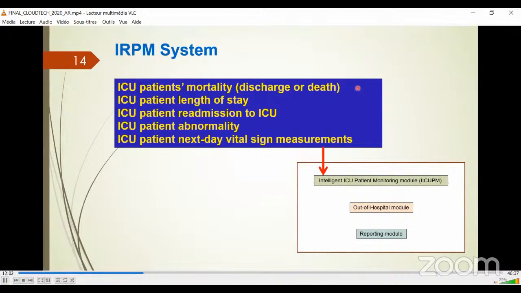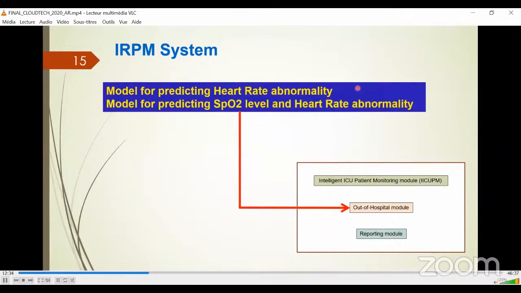Predict the length of stay at the ICU, whether readmission to the ICU is likely for this specific patient, whether the patient can be put in a class of abnormal patients, or in a class of normal patients. Also predictions related to the values of the vital signs in the next day. And these can be very useful for ICU specialists.